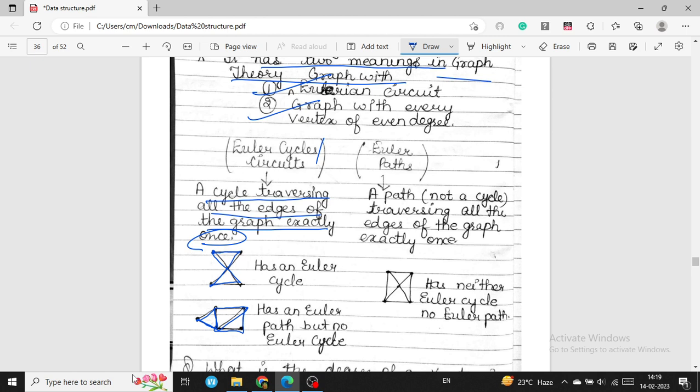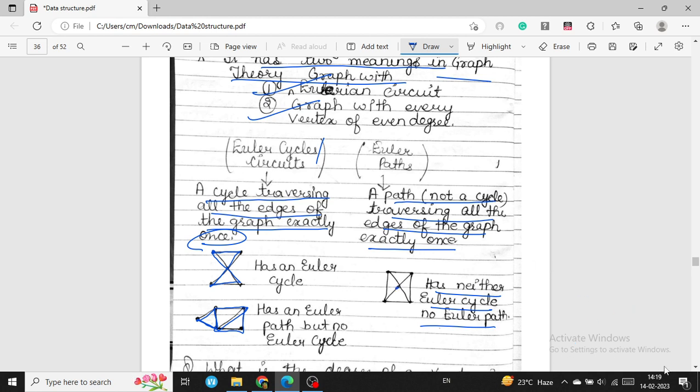So it has a path but no Euler cycle. An Euler path means a path, not a cycle, traversing all the edges of the graph exactly once. A graph may have neither an Euler cycle nor an Euler path.